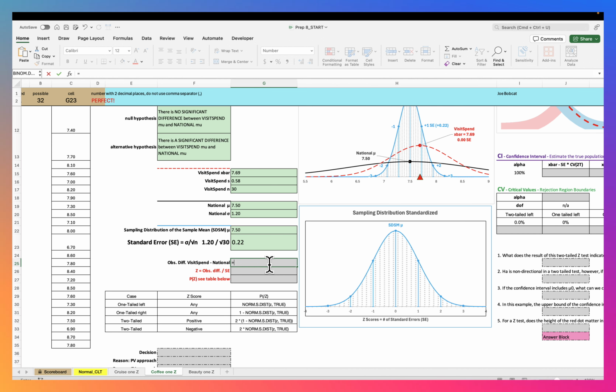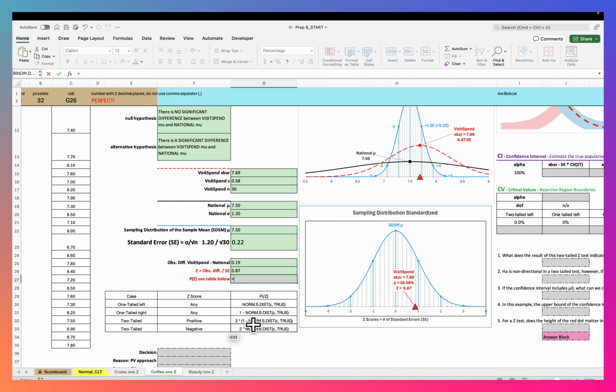So we take our visit spend minus the national, and then take the observed difference, which we just calculated, divided by the standard error, and then calculate the probability. Right, so here's the probability. We have a positive number and a two-tailed test. So let's see what happens when we have a two-tailed test, positive number.